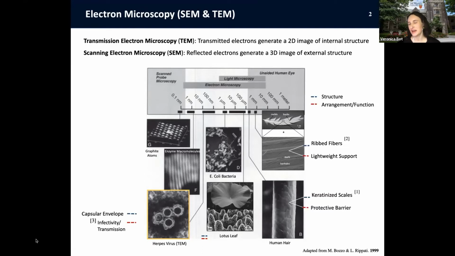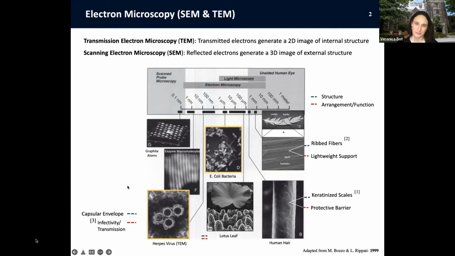And SEM generates very nice topographical images. So looking at the scattered electrons to generate this topographical image. So E. coli bacteria with its characteristic rod shape, which is very informative as well. In my research, I was more focused on SEM, especially for imaging blood cells, thrombus, things like that.